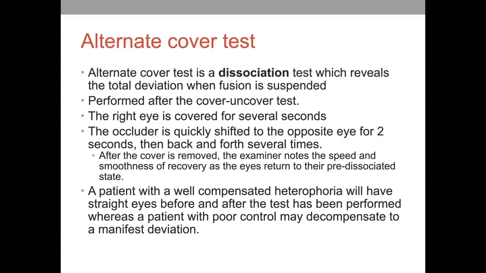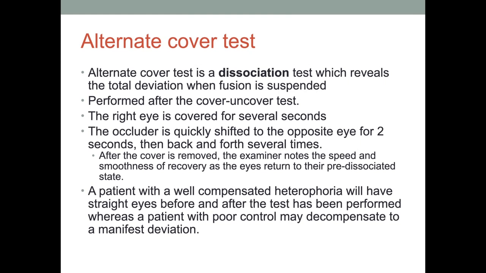So the first thing you're going to do is to perform your cover test and your uncover test. Then you're going to cover the right eye for several seconds, and then you quickly shift it to the opposite eye for 2 seconds, and then back and forth several times. All right? A patient with a well-compensated heterophoria will have straight eyes before and after the test has been performed.